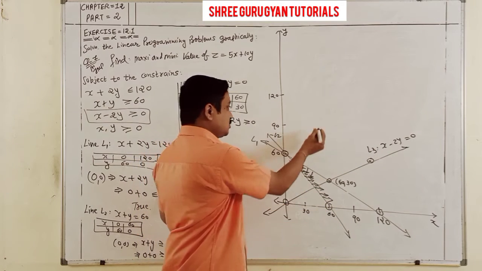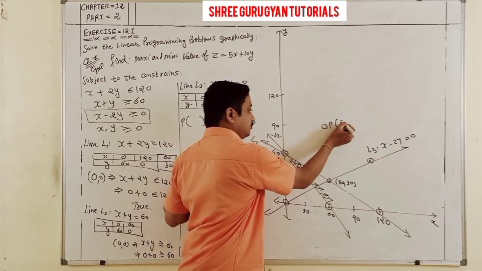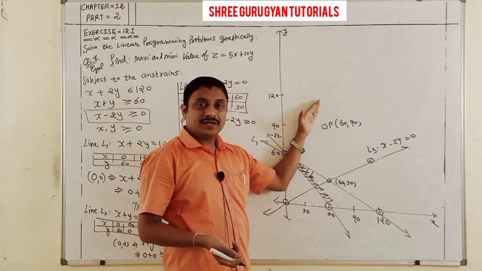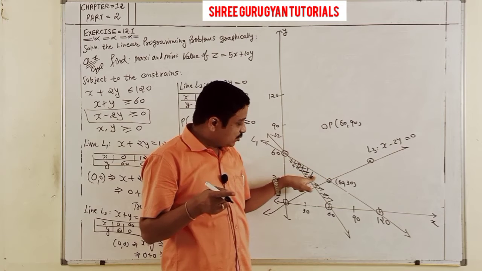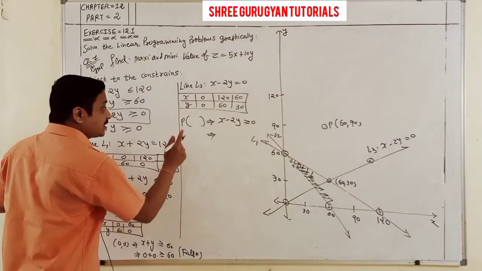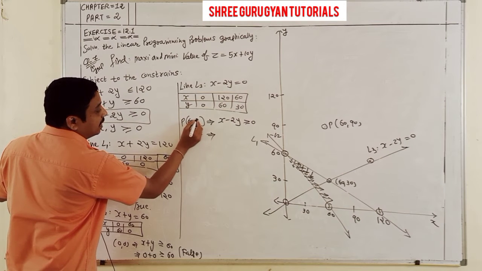I will take two points P, checking this side shading. If this is true, then my shading portion is this side. So I check 60 comma 30 here, and here 60 and 90.